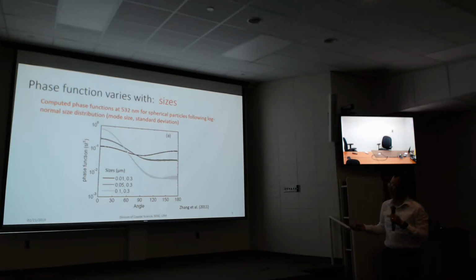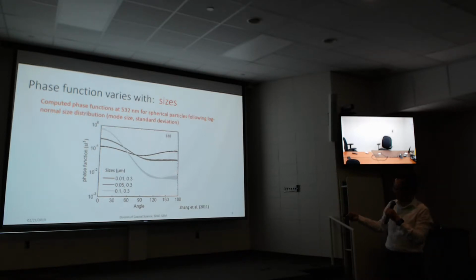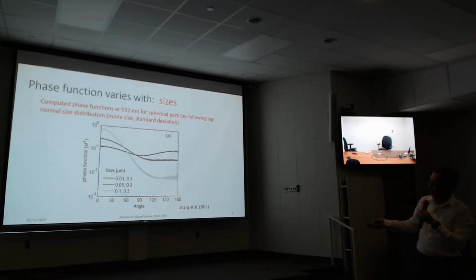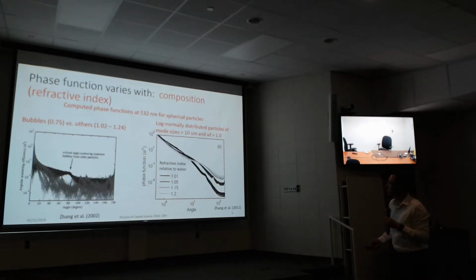In this case, I simply simulated particles of different sizes. The black line is a relatively smaller particle, the slightly darker line is a slightly bigger particle, and the lighter line is an even bigger particle. X is the angle, Y is how much they scatter. You see they are different. So if particle size is different, the way the light is scattered across angles is different.